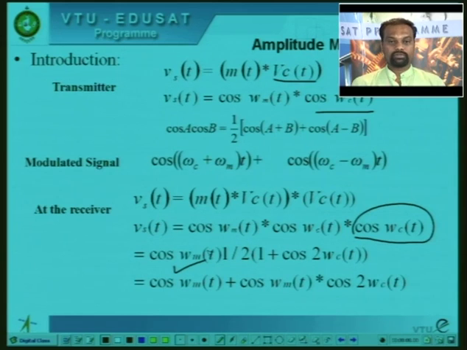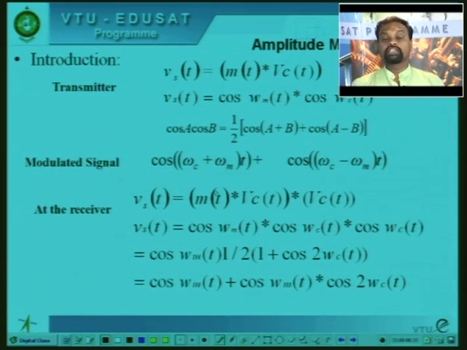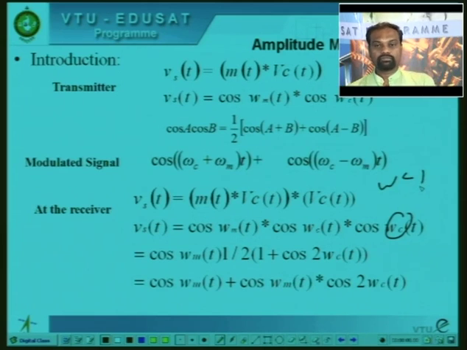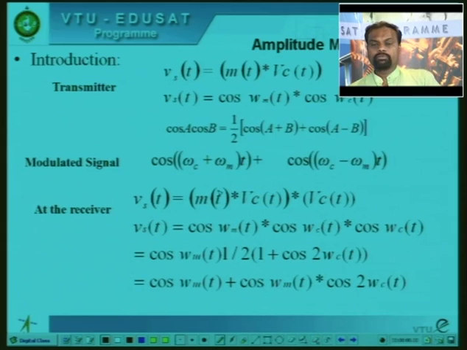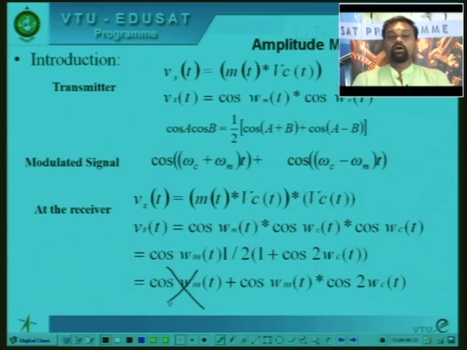If the signal available at the receiver has omega c1 instead of omega c, say instead of 100 kilohertz it deviates to 101 kilohertz, or if there is a small amount of phase difference between the transmitted carrier and the received carrier, it is not possible to get the signal omega mt because of the multiplication process.